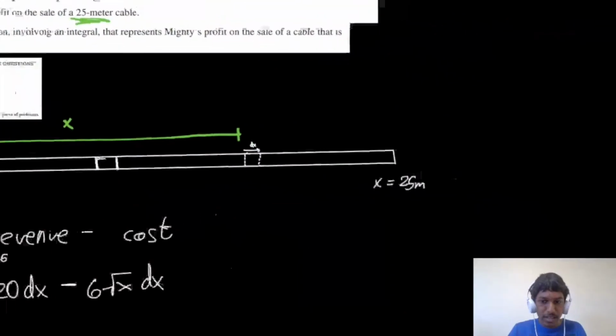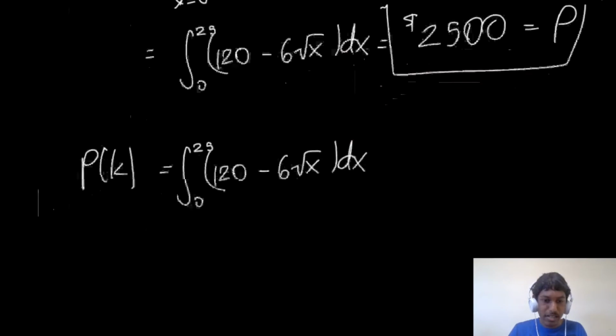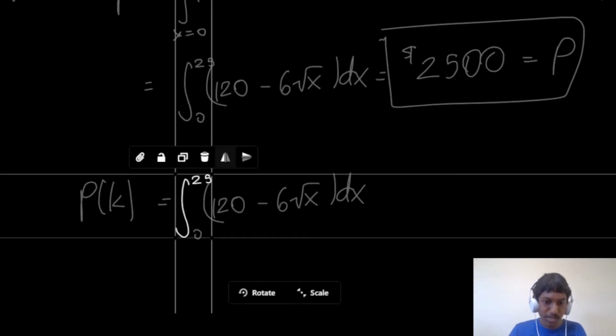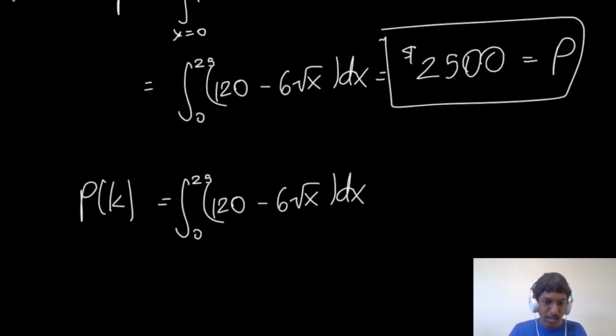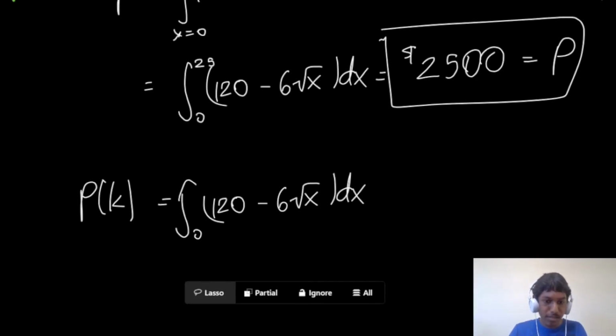If we had a 30 meter cable, maybe this is 30 meters, then what's going to change in this expression? That's right, the top is going to change. The top is going to change to 30. And if you had a 50 meter cable, your top would change to 50, and so on.